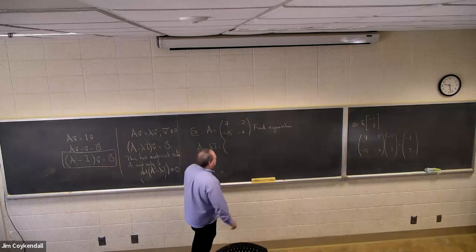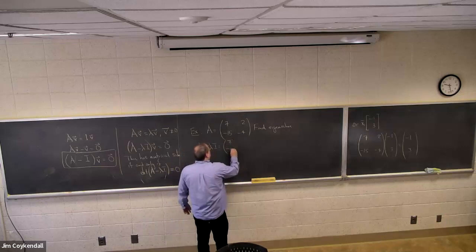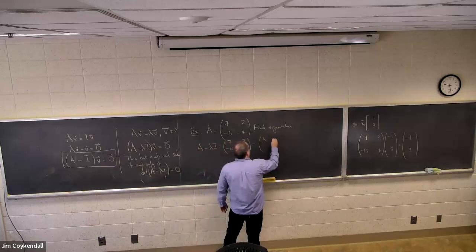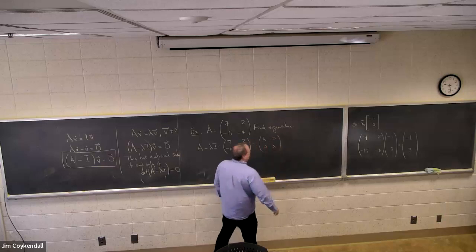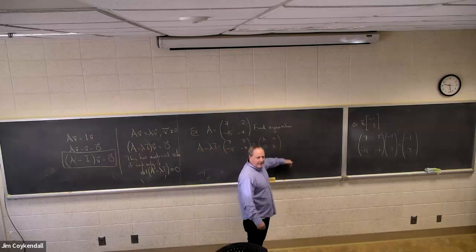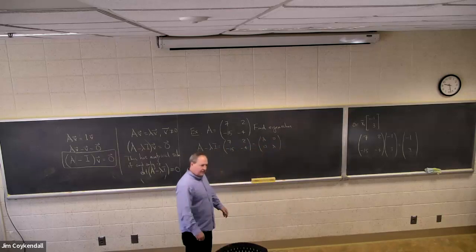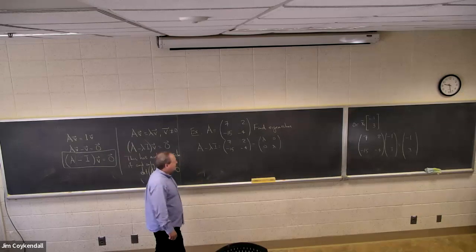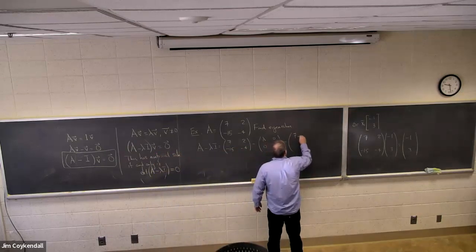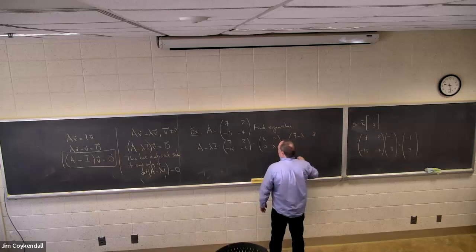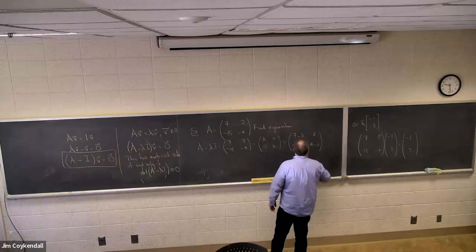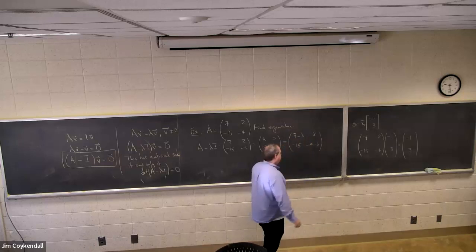I'm going to do this out longhand once, then I'll shortcut it in the future. Of course, this is for the 2x2 case. If you were in the 3x3 case, it would be a bigger matrix with 3 lambdas down the diagonal. So this is the matrix when you put it all together: 7 minus lambda, 2, minus 15, minus 4 minus lambda. And you want this determinant to be 0.